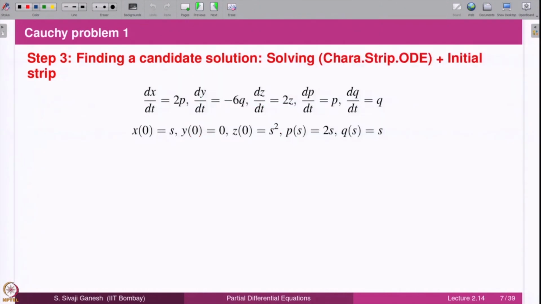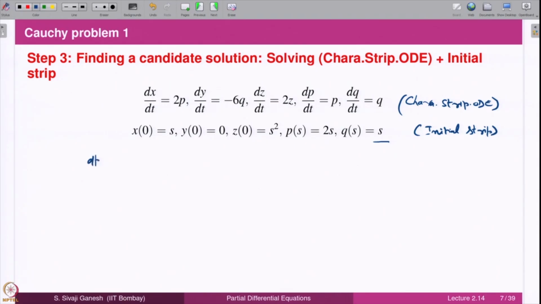Step 3 is finding a candidate solution, which means solving the characteristic strip ODE with the initial strip. I have recalled here what the characteristic strip ODE is. And these are the initial conditions given by the first initial strip. I have chosen q(0) equal to s here. So, we have to identify which equation is easy to solve, for example, the equation where p and q are involved only.